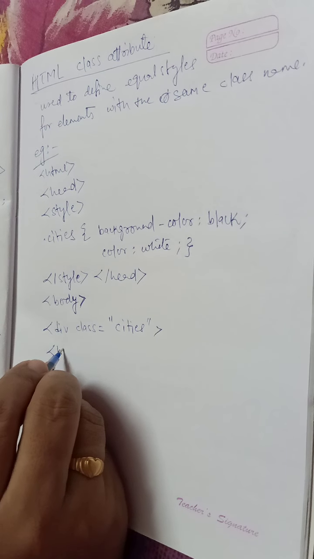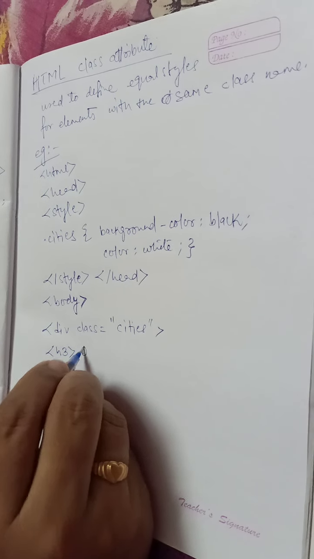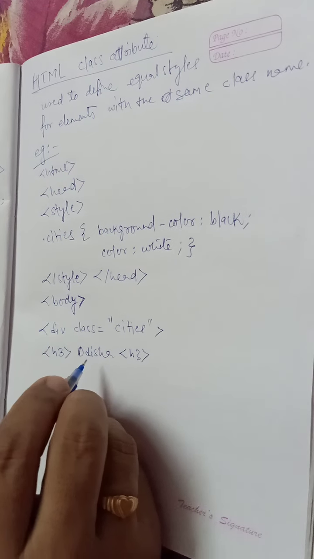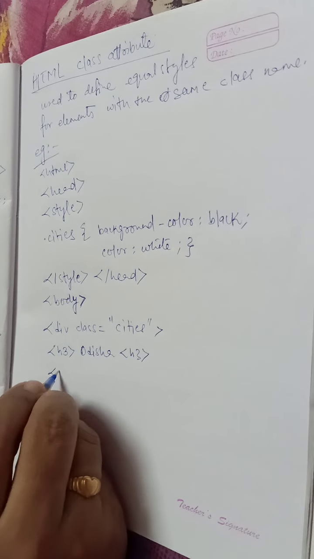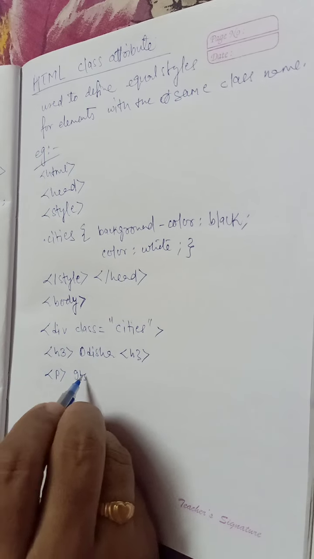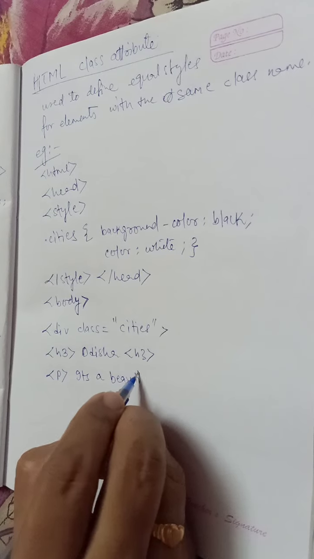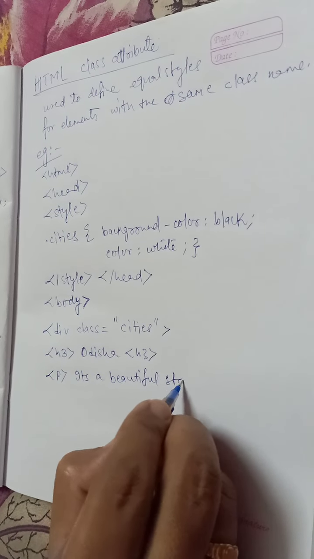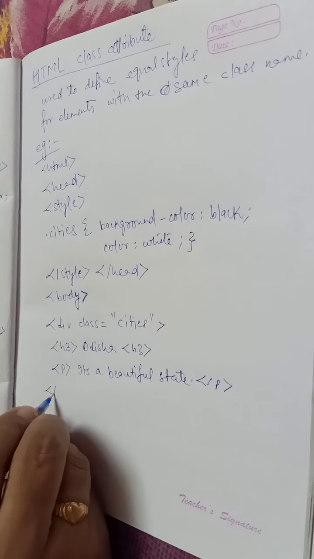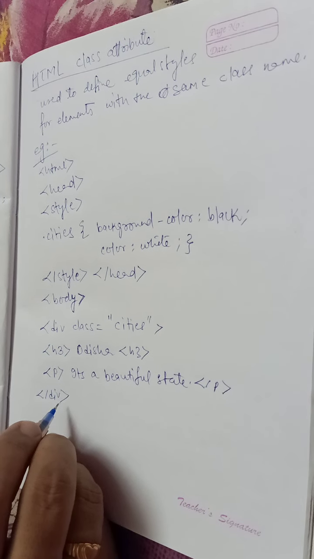Now suppose I have a heading, Odisha, and under that I am writing a paragraph like, it's a beautiful state, and I am ending the div portion.